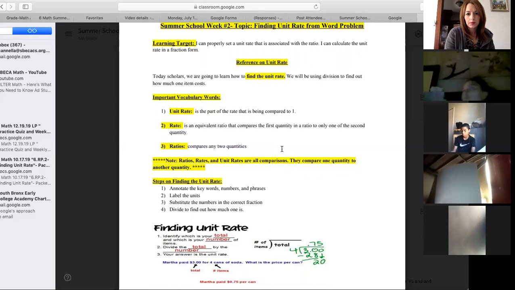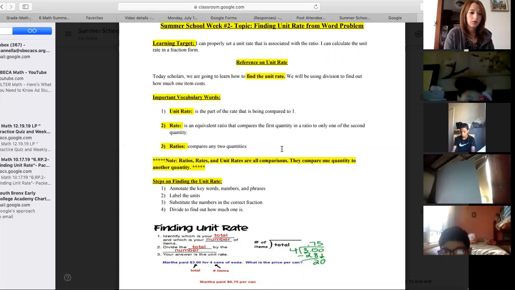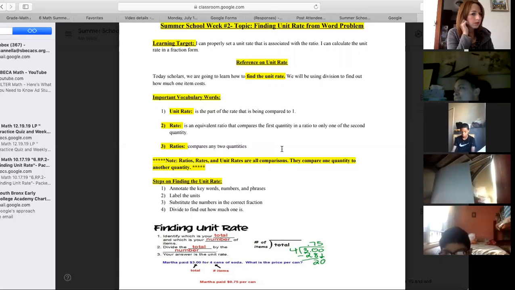Important vocabulary words. 1. Unit rate is the part of the rate that is being compared to 1. 2.